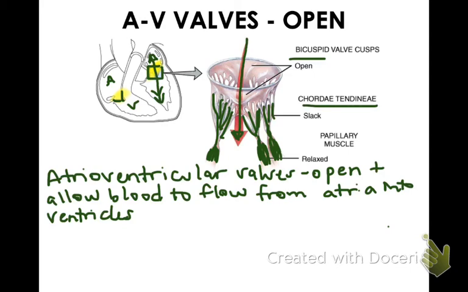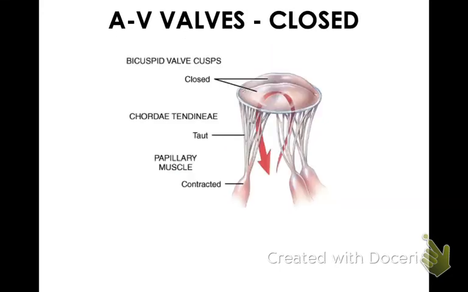Basically the papillary muscles contract and relax. When they contract or relax, they push or pull on these chordae tendineae because everything's attached, and it either opens or closes that valve. This is just a picture showing the AV valves closed. When the AV valve is closed, then the blood cannot move up and back in the heart.